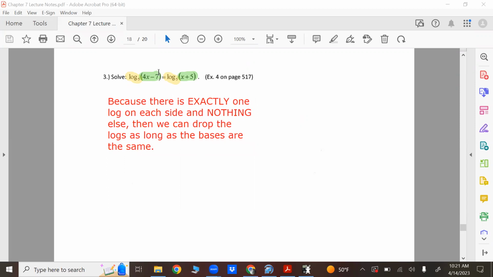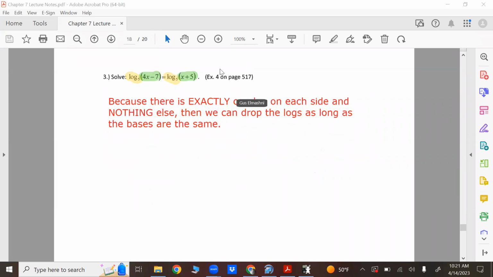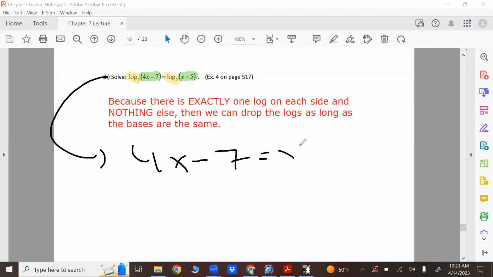Totally could do that, 100%. So in this case, what am I going to say? I'm just going to say this. That's all. You get 3x equals 12. X is 4.